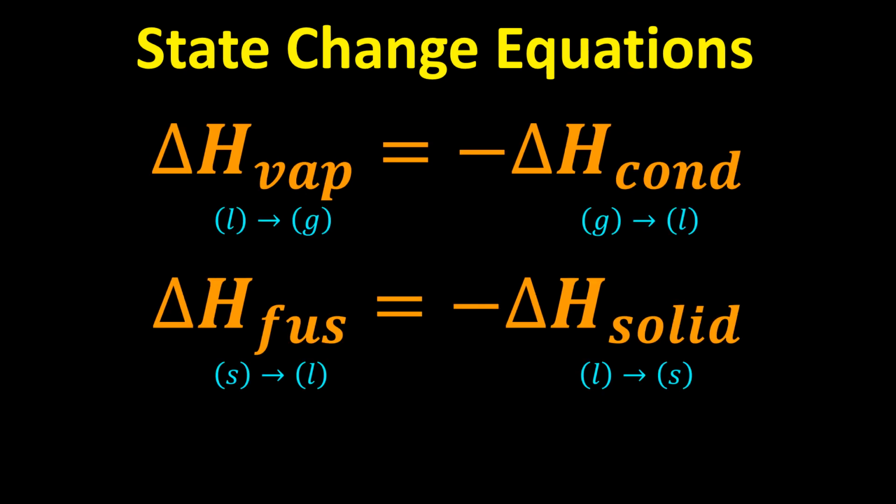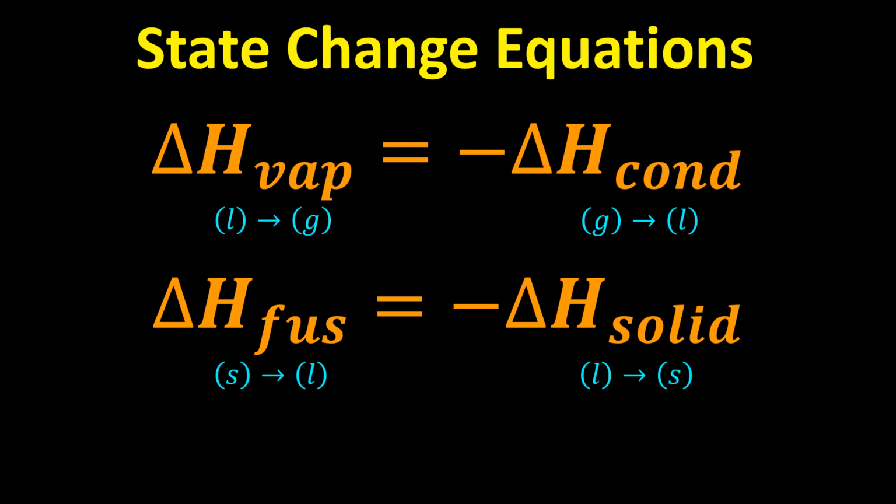So what happens when these phase changes go the other direction? For example, if we go from a liquid to a gas, the numbers in the tables that we saw previously were positive, which means that they get colder. But what happens when we go from a gas to a liquid, or we have condensation happening?